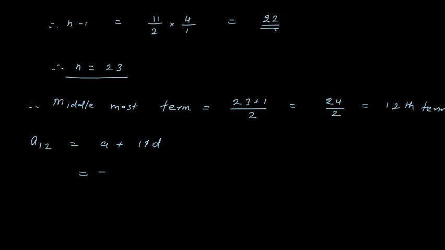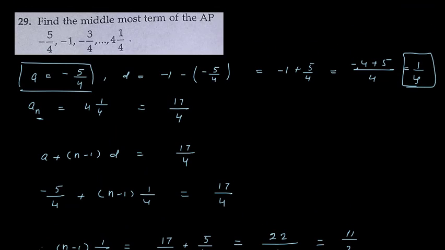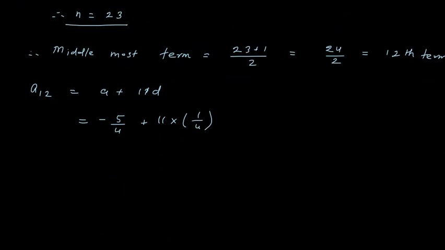The value of a is minus 5 divided by 4 plus 11 into the value of d, which is 1 divided by 4. So this is (minus 5 plus 11) whole divided by 4. 11 minus 5 is 6. 6 divided by 4 is equal to 3 divided by 2.